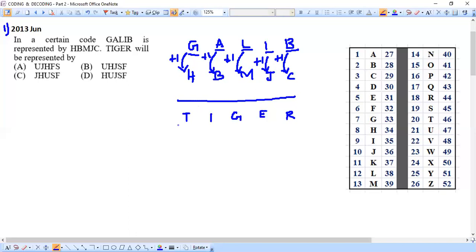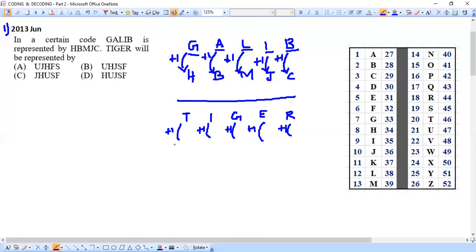So it's now very easy for us to tell what answer we'll get for the given word TIGER. We need to repeat the same pattern, doing it for each letter, just +1, +1, +1, +1, and +1. Start from the first letter, T. T is at the 20th position, +1 you move to the 21st.